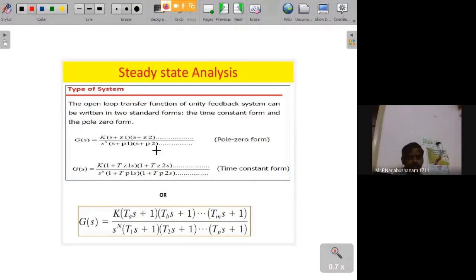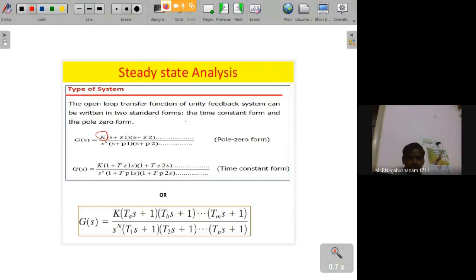First one is, in general, a transfer function: the numerator gives zeros, the denominator gives poles. This K is the DC gain, the system gain. S plus Z1 is 0. Why am I taking Z?